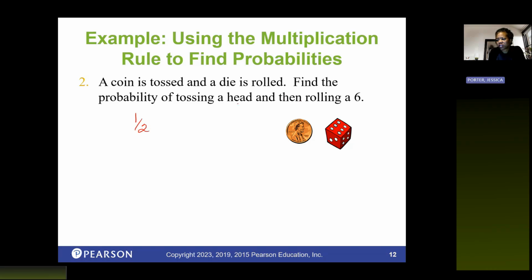And then rolling a 6. What's the probability of rolling a 6? Okay, so are these independent or dependent events? They're independent. So we're looking at the probability of A times the probability of B. That's half times 1 over 6, which gives us 1 over 12.